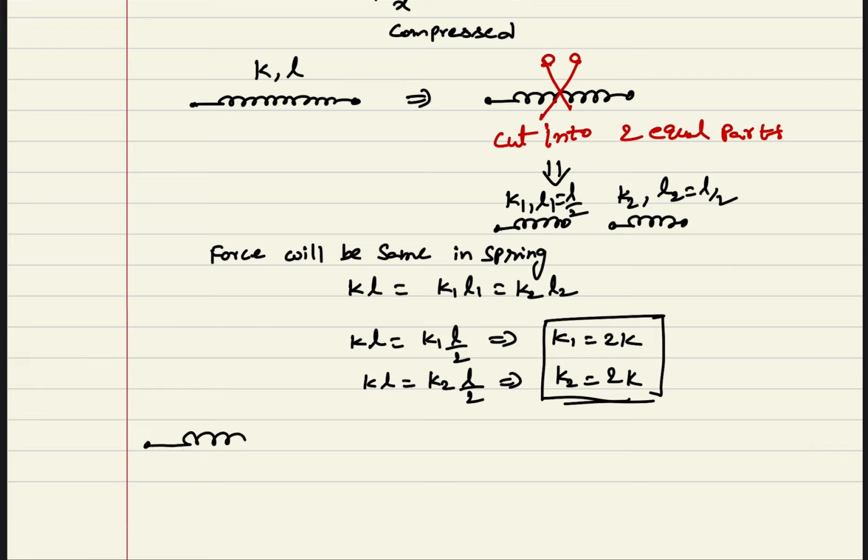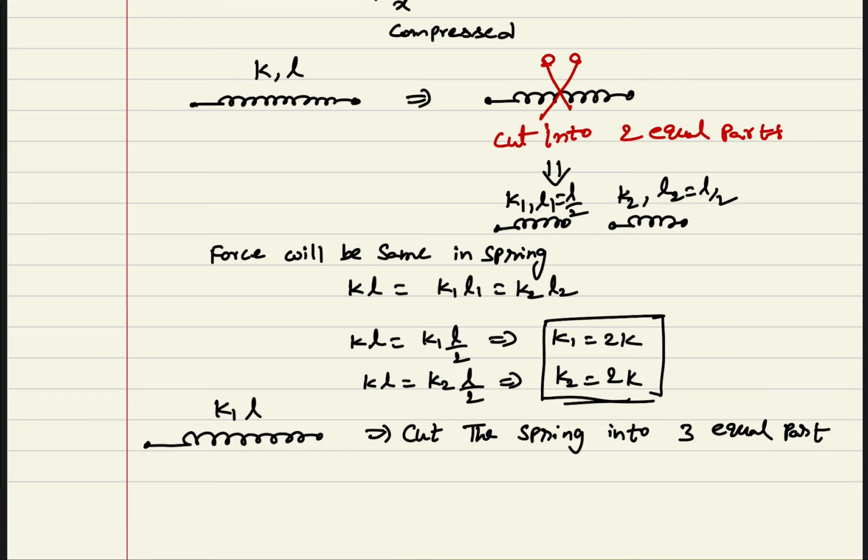Suppose if I cut the spring into 3 equal parts, we can get the springs like this: K1 with L by 3, K2 with L by 3, and similarly K3 with L by 3.